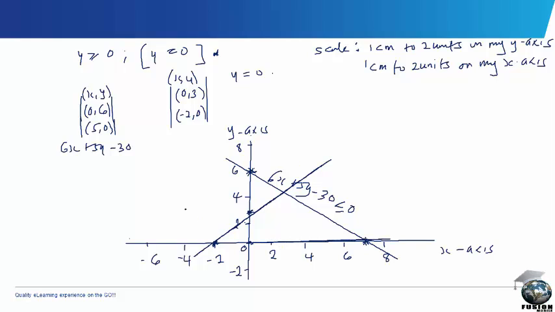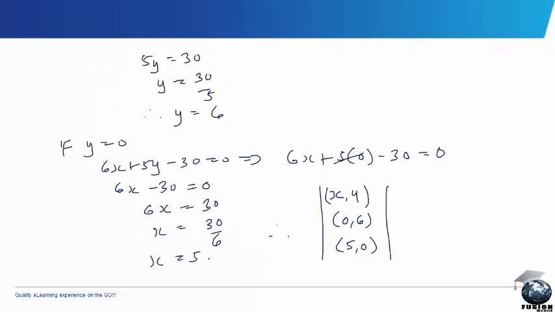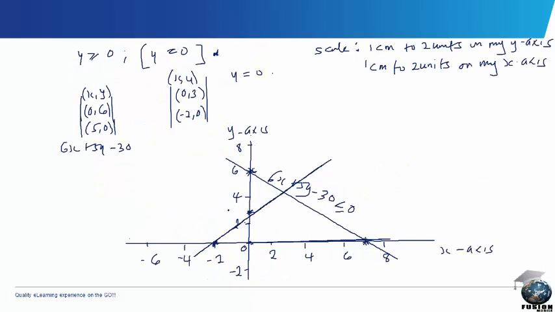This is our representation of the second equation, which says that 3x minus 2y plus 6 is greater than or equal to 0, and then this is the line of y greater than or equal to 0. So y greater than or equal to 0 is upwards, and less than 0 is downwards.